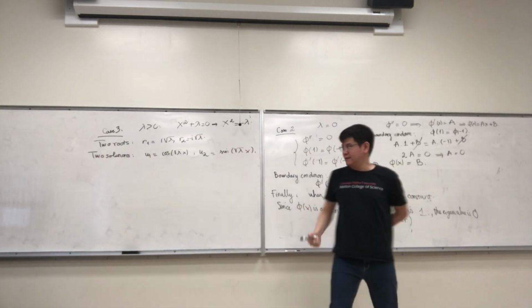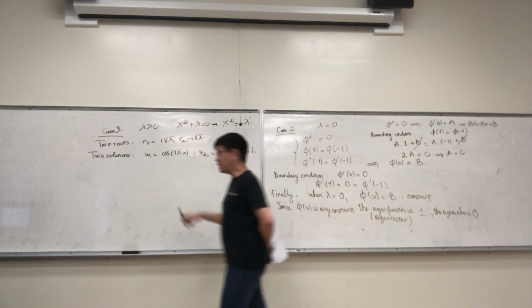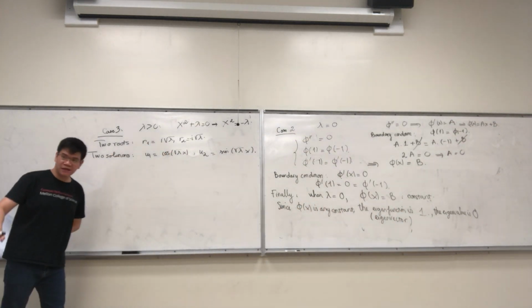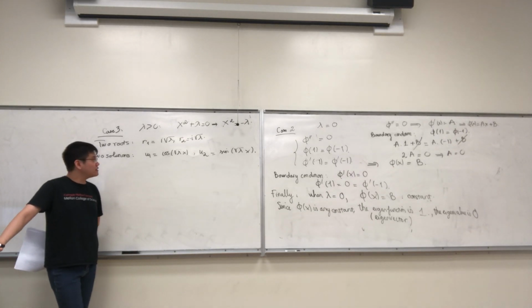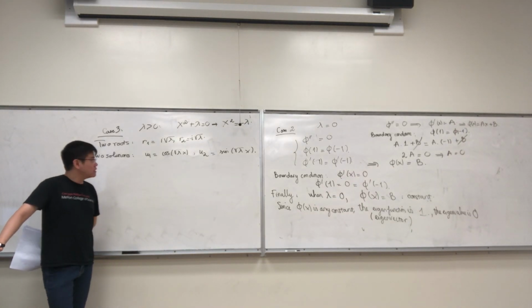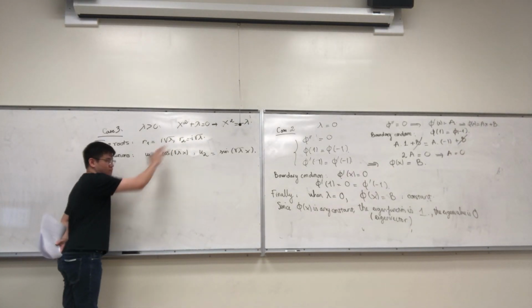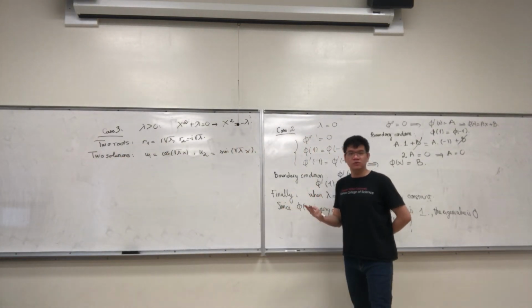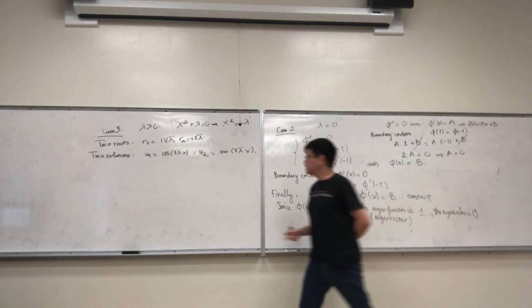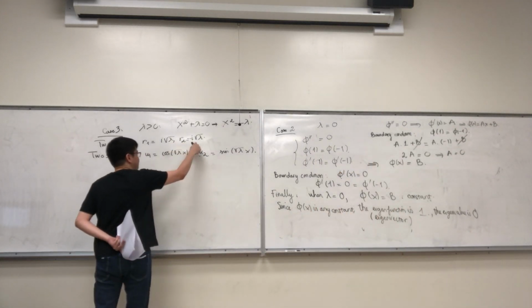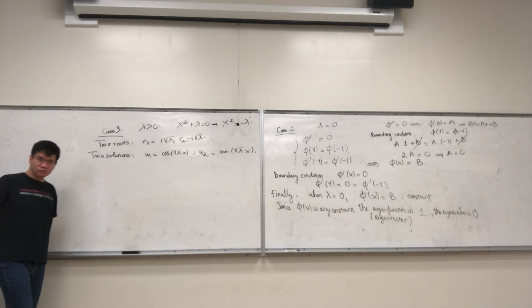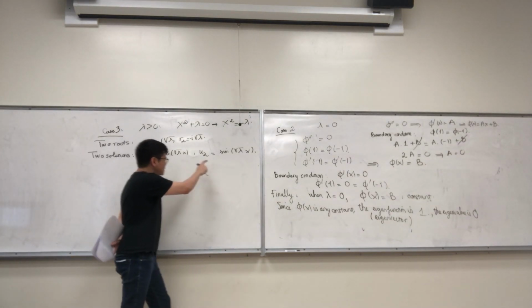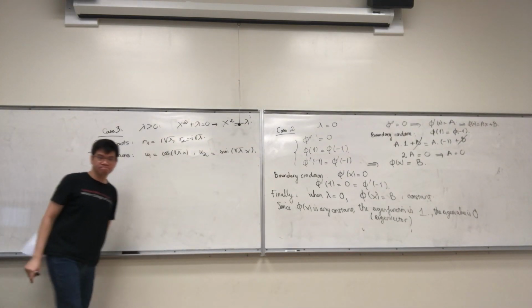So, I'll explain again. In the last case, lambda is positive, so you have x squared plus lambda is 0, which means that x squared is minus lambda. All right? So you have two roots. Because lambda is positive, you have two complex roots: i square root of lambda and minus i square root of lambda, which means that you have two solutions, cosinus square root of lambda x and sinus square root of lambda x. All right?